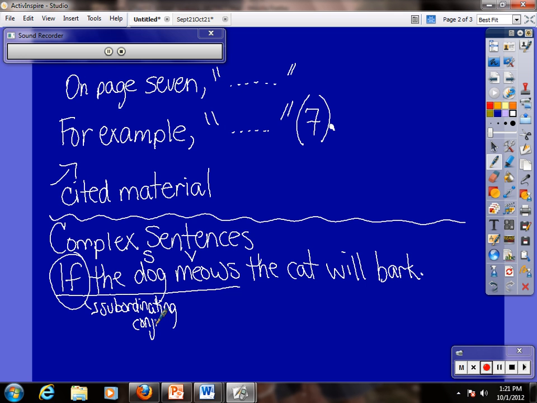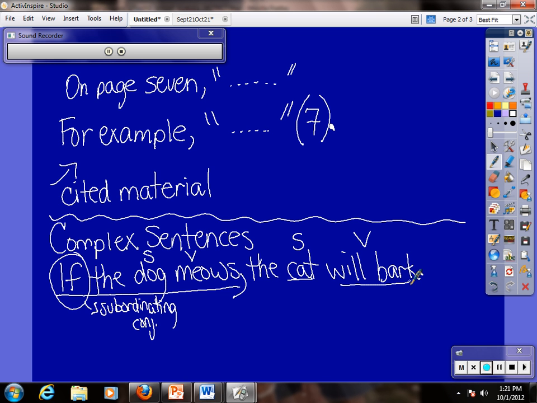Okay, if that comes at the beginning, there's a place in the sentence where I'm going to pause. If the dog meows, comma, the cat will bark. Okay, this is the subject and the verb phrase right here. So in a complex sentence, if the subordinating conjunction comes first, then there will be a comma in the middle of the sentence. If the subordinating conjunction comes second, there will be no comma.